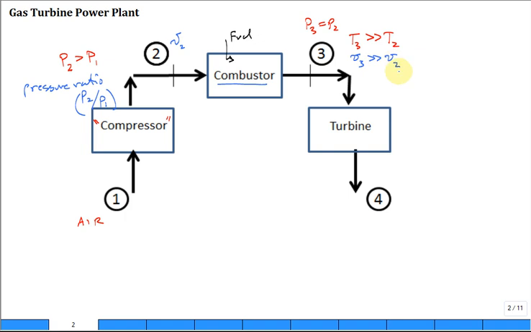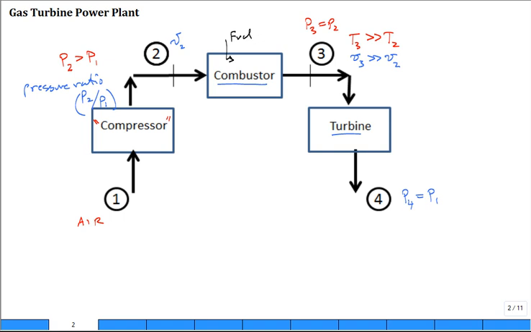So this is much greater too, V sub 3 compared to V sub 2. So now you have a large volume, think about that, or a large volumetric flow rate of hot gases, and they're at high pressure, and then they can really expand even more as they go through the turbine, and it drops the pressure. P4 is back to P1. It's back to atmospheric pressure.